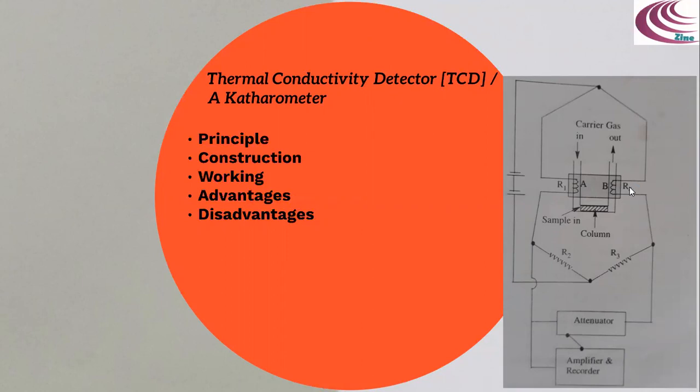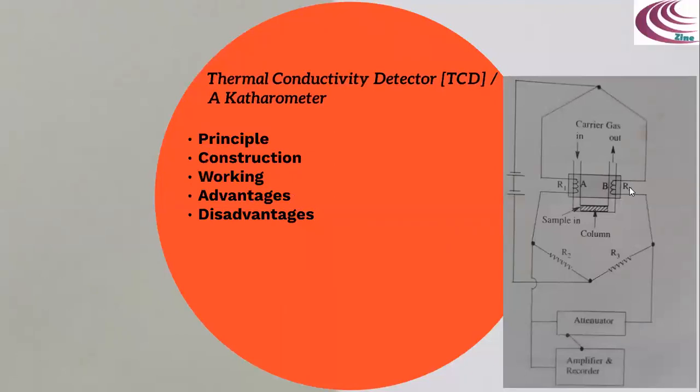The carrier gas also passes over coil B, kept beyond the column. The temperature of this coil B also attains a certain value when only the carrier gas is passing over it, and it offers resistance R4 to the flow of the current.